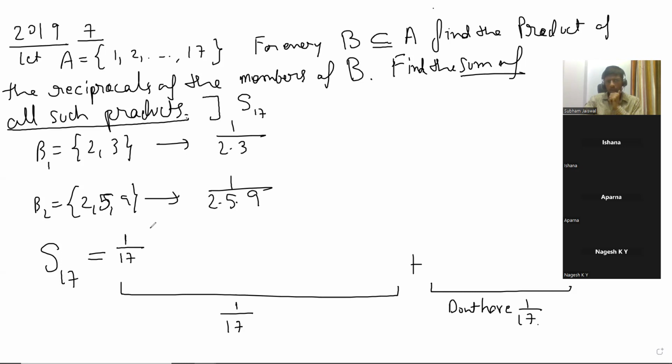Because if I take out 1 by 17 from all of them, then what do I get? So you understand what I'm doing, right? I'm focusing on those things which have 1 by 17. For example, 1 by 17 is one of them. 1 by 17 will in fact come twice, 1 by 17 and 1 by 17 times 1, right? Maybe 2 times 1 by 17 and so on. If I take out 1 by 17 from all of them, then what do I get?